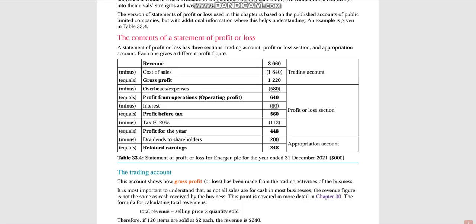Now, the direct production, like the machinery, the capital goods, the labor, is cost of sales. But overheads is like the electricity bill, or the bill you paid to the marketer, or the auditor. That is what is overhead. So the whole company's costs, you subtract from the gross profit, and you get profit from operations, operating profit. And then you pay interest, which is maybe your liabilities, your debt, and stuff like that.